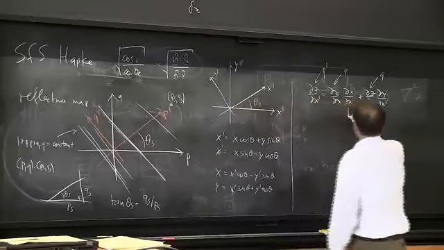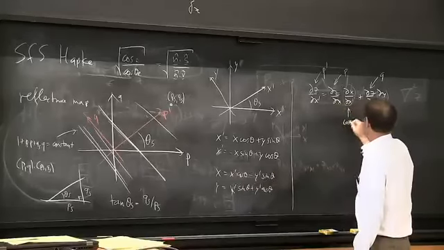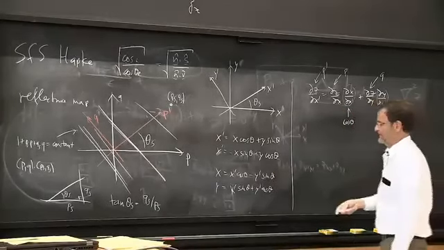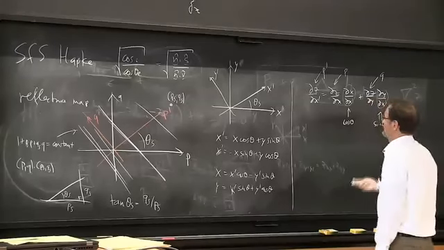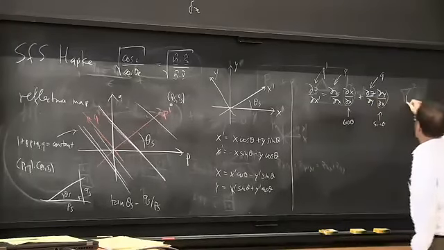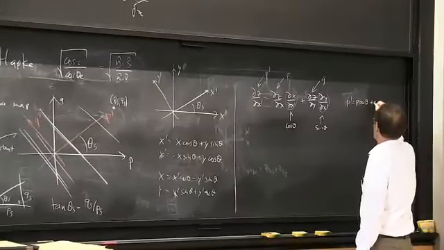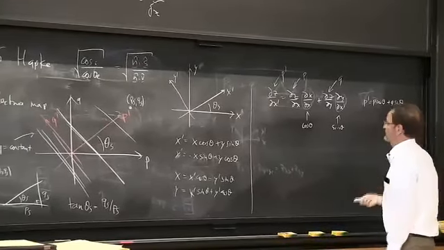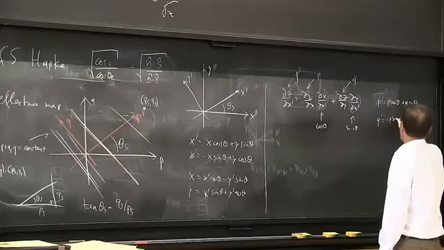Okay, so then this is dx/dx' is cosine theta, and this is dy/dx', so that's sine theta. So actually I got P prime is P cosine theta plus Q sine theta. And similarly, I'm going to get Q prime is minus P sine theta plus Q cosine theta.